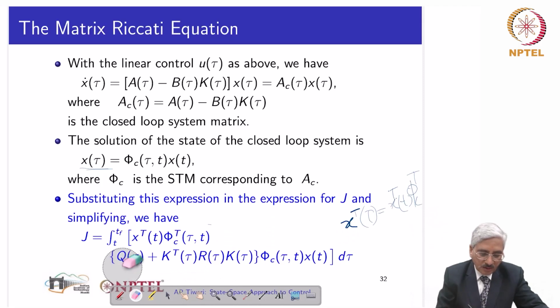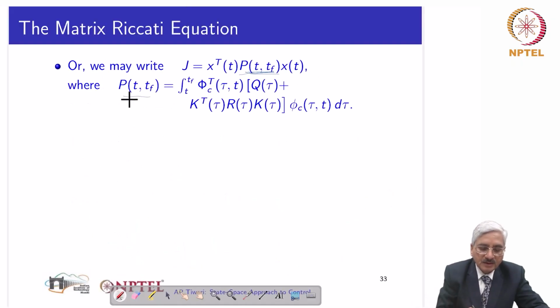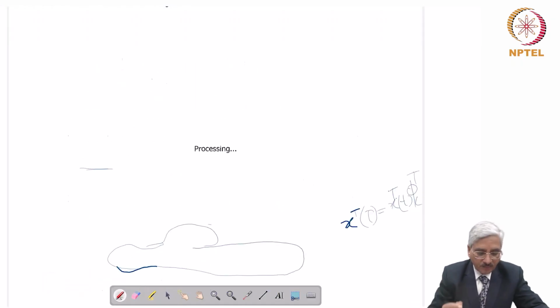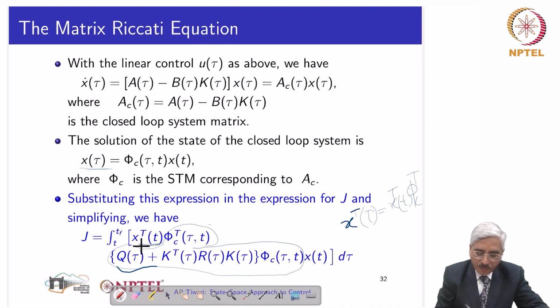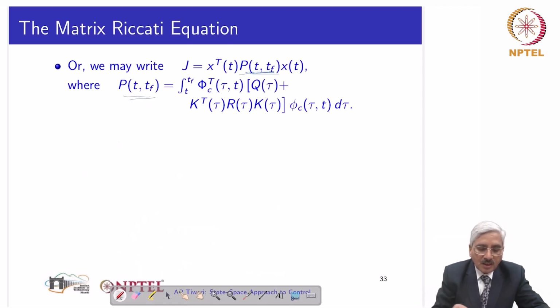What we are doing is this quantity, this phi_C transpose into this quantity into phi_C, this we denote by P. And because this x(t) and x transpose(t) do not depend upon the integration, they are constant as far as this integration is concerned, they will come out of the integral sign.